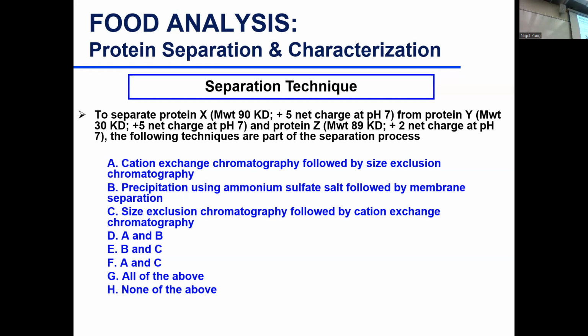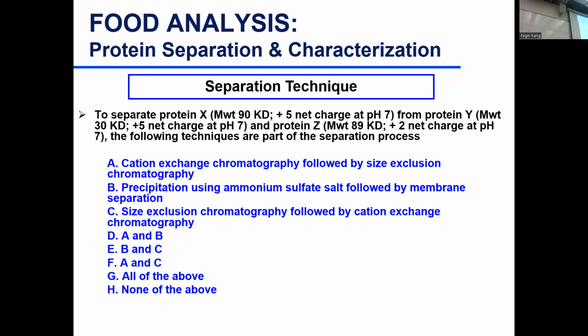So let's see, cation exchange chromatography followed by size exclusion. With cation exchange chromatography, you can separate based on charge.